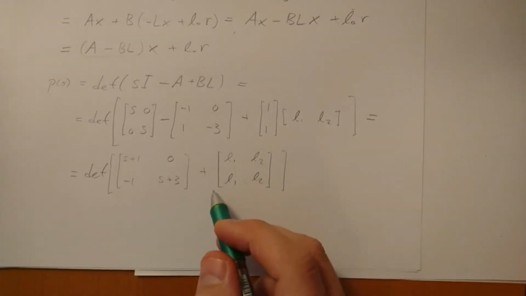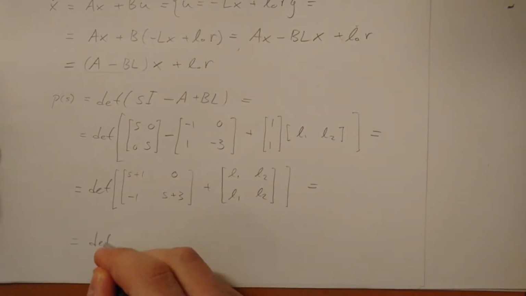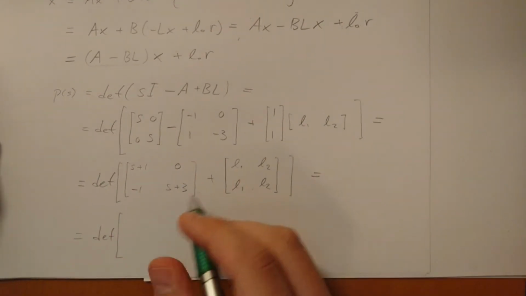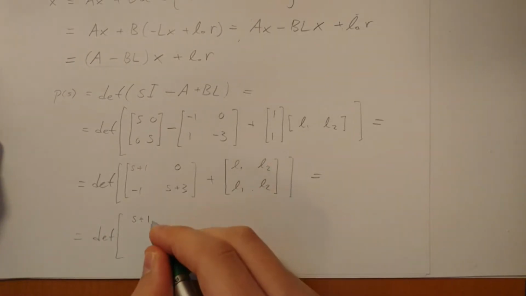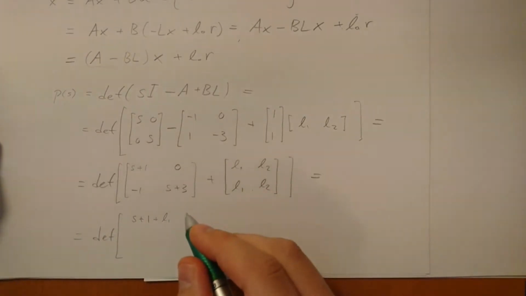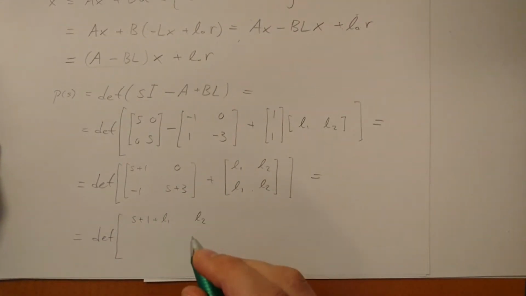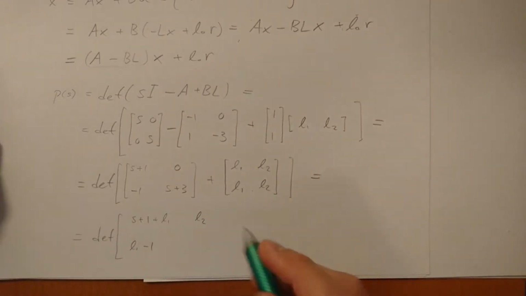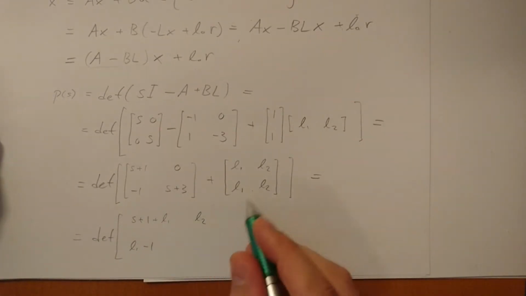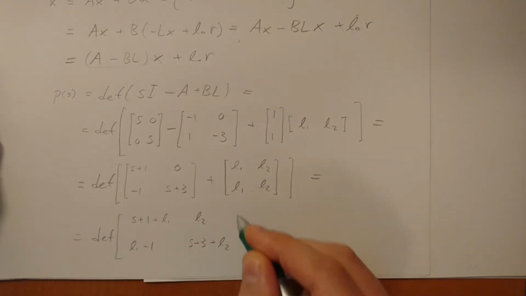Okay, and then we just add these up. So it's the determinant of s plus 1 plus L1, and then we have 0 plus L2, minus 1 plus L1, which is L1 minus 1, and s plus 3 plus L2.